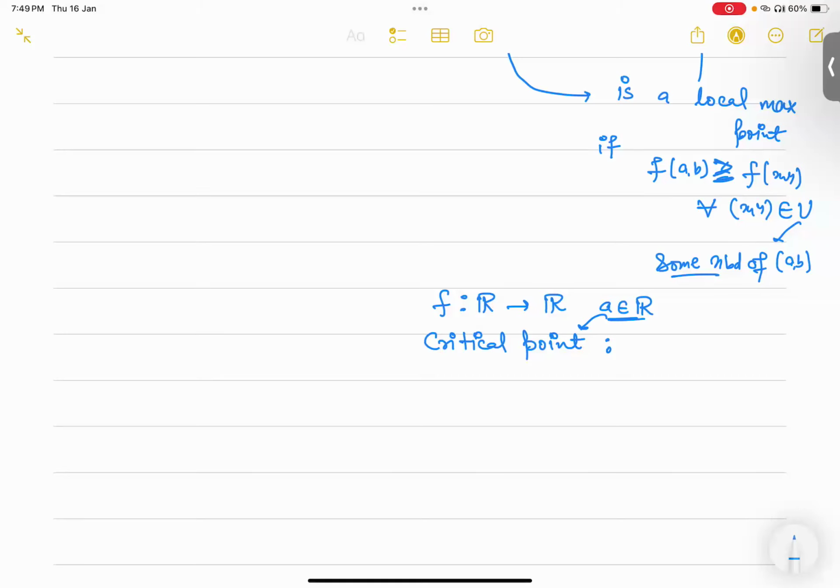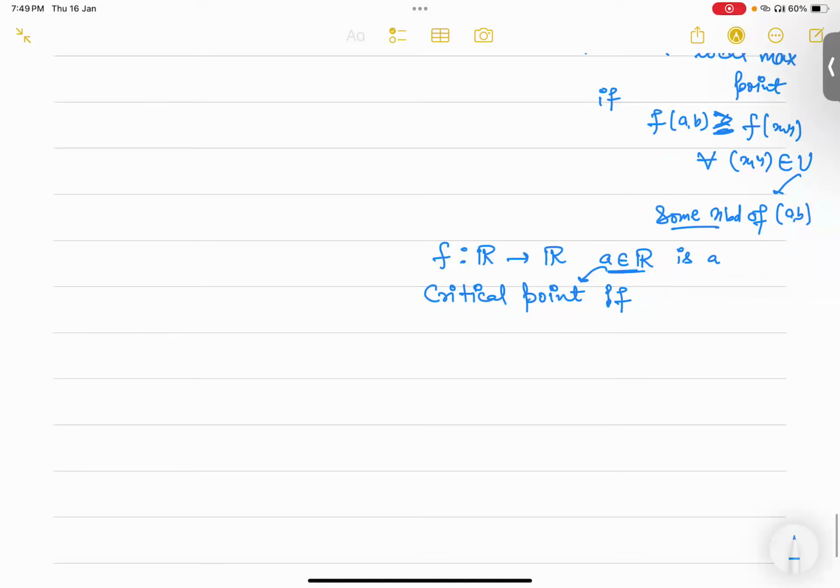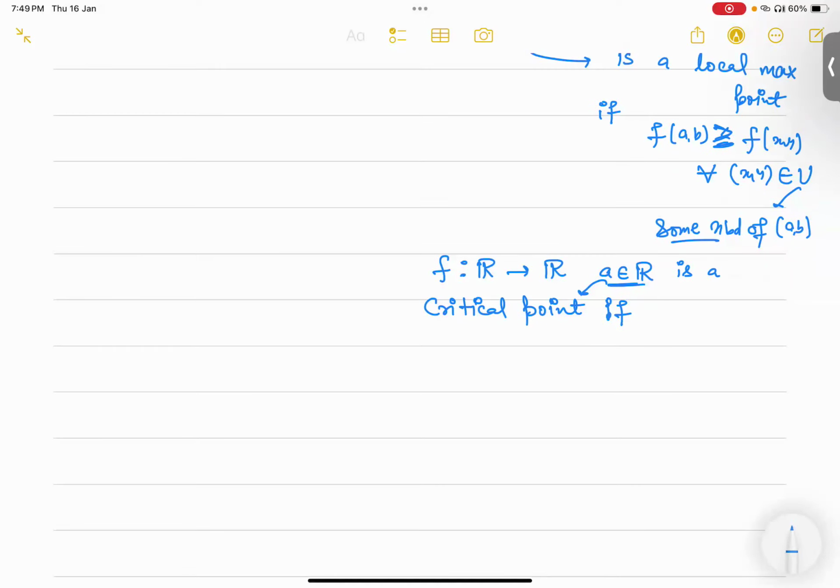This point is a critical point when its derivative is zero or does not exist. So the first case is f dash a exists and equals 0, and the second case is f dash a does not exist.